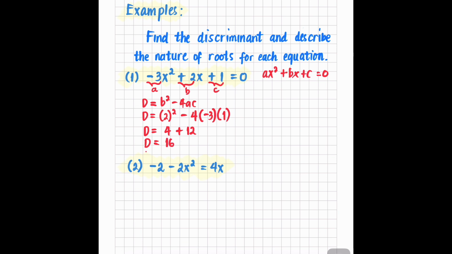And from the value that we got for the discriminant, we can say that since the discriminant is greater than 0, then there are 2 real roots.